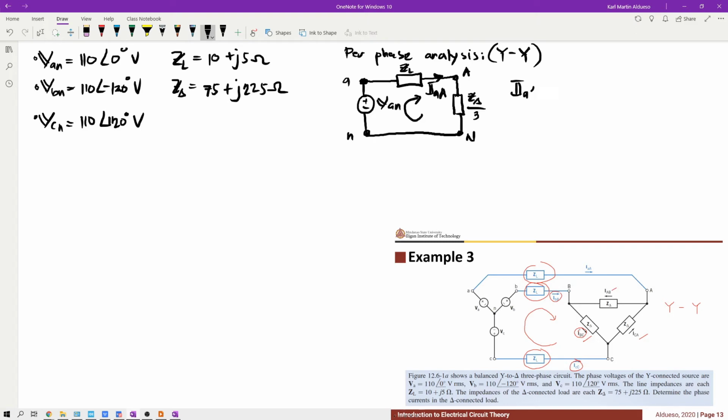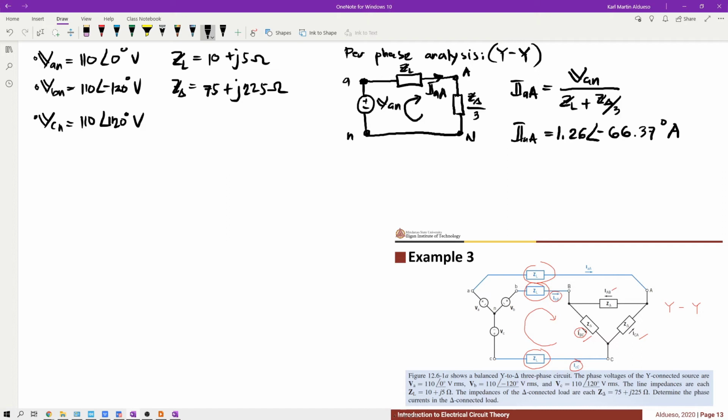IaA is equivalent to VAN over ZL plus Z delta over 3. So this is equivalent to 1.26 angle of negative 66.37 amperes.